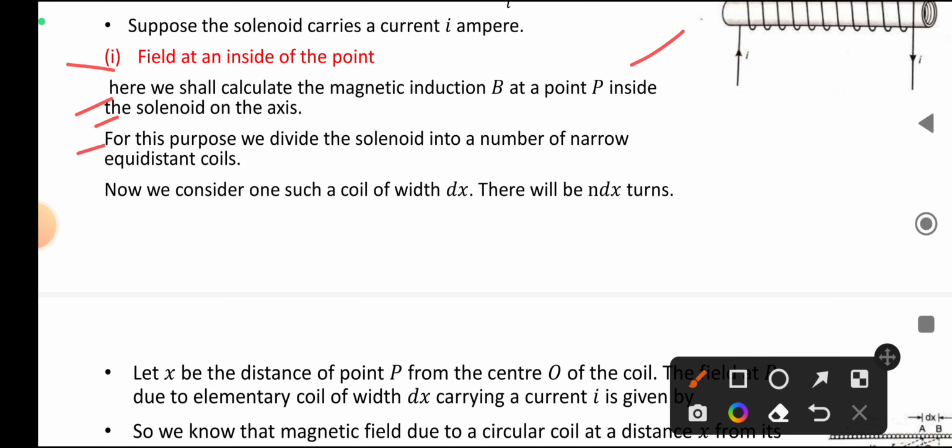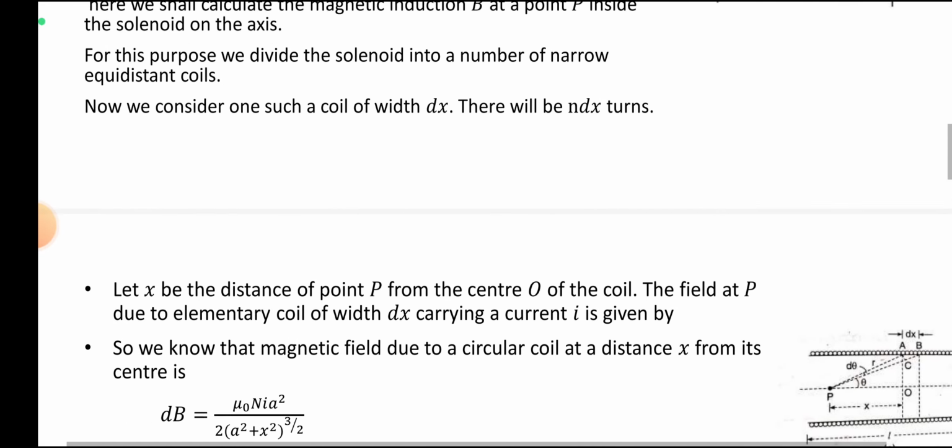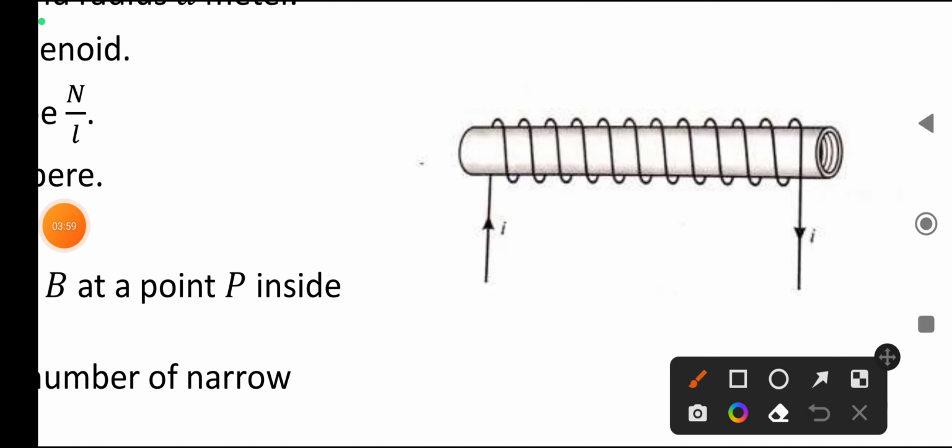For this purpose we divide the solenoid into a number of narrow equidistant coils, that is, very small equidistant pieces. Now consider one such coil of width dx; there will be n dx turns. See here, let it be a complete solenoid.